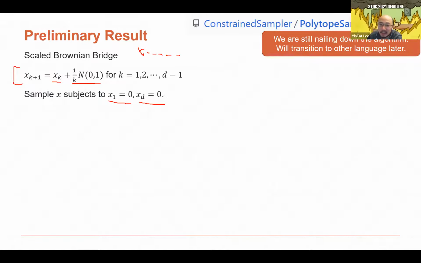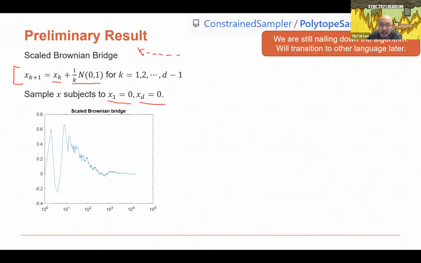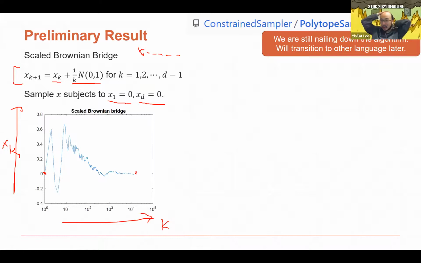So all the commercial software can solve this without changing the algo. So it's convenient. Here is a picture of what one sample looks like. This is k and this is xk. Because of the observation, this is 0, this is 0. And the sample looks like a Brownian bridge except I scaled it appropriately.